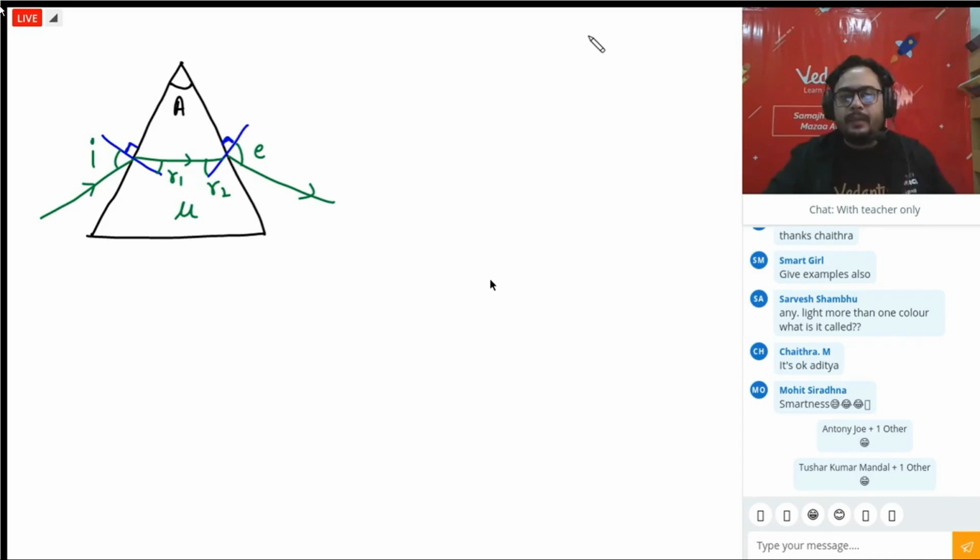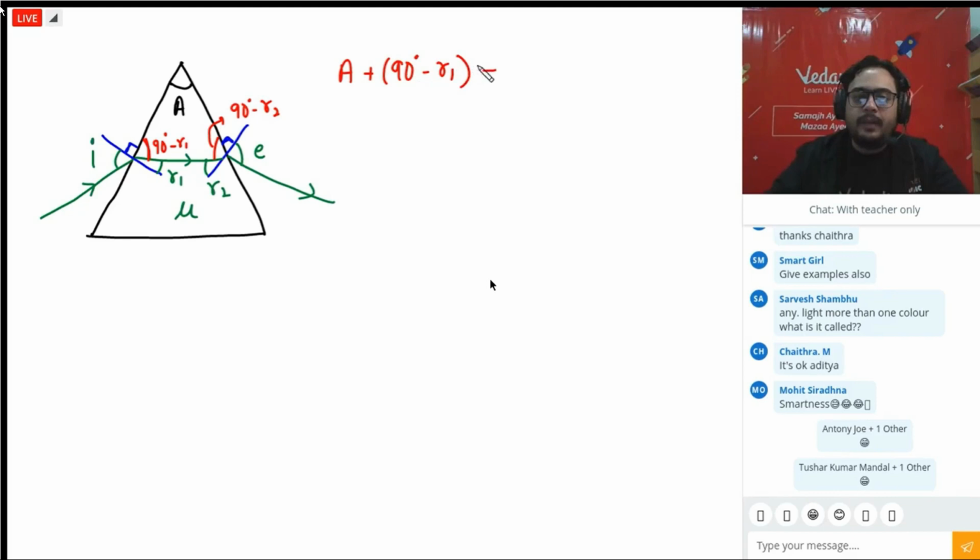Yes. If you think about it clearly, look at the diagram. What will be this angle? This angle will be 90 degree minus R1. Am I correct? Because this whole angle is 90 degree. Similarly, this angle will be 90 degree minus R2. So if you look at the triangle containing the angle of prism, I can say A plus 90 degree minus R1 plus 90 degree minus R2 should be equal to 180 degree.